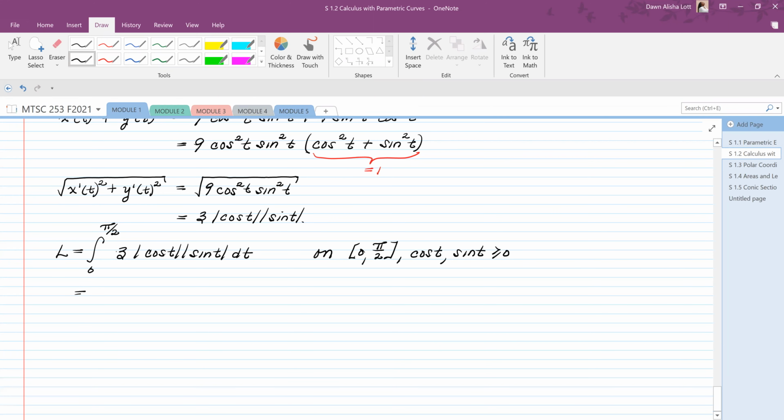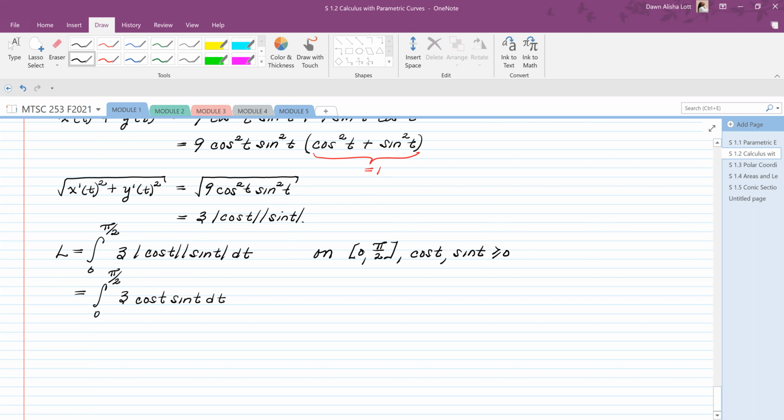So this now becomes the integral from 0 to pi over 2 of 3 times the cosine of t times the sine of t dt. Now you can integrate this many different ways. Oh, do I have cosine of pi over 3? That's wrong. That should be pi over 2.